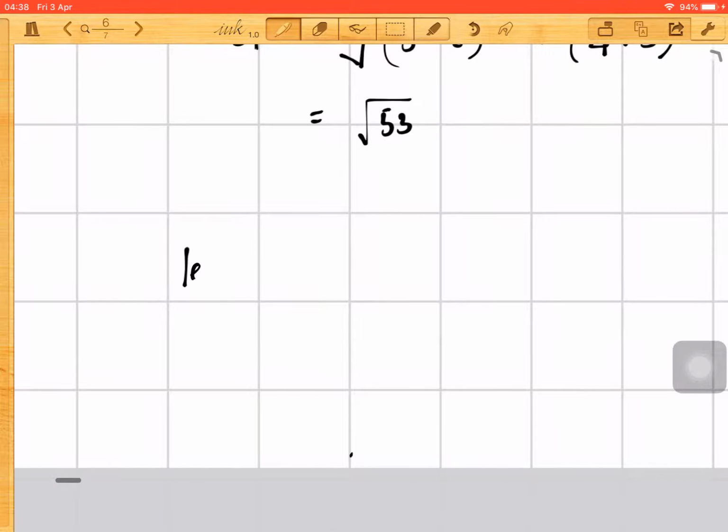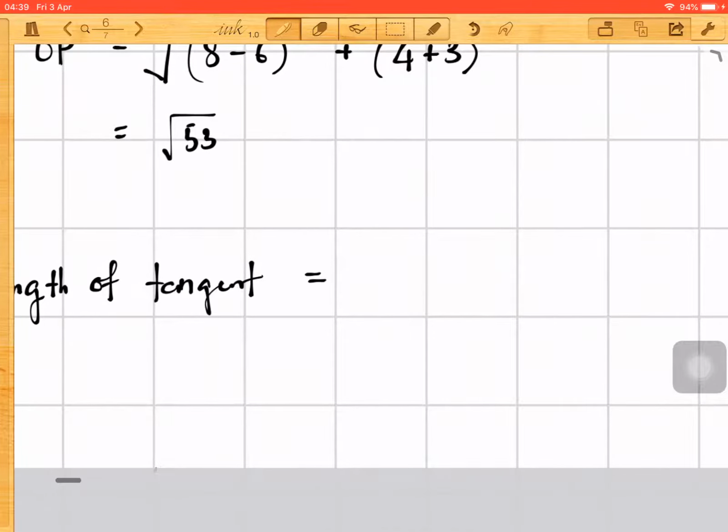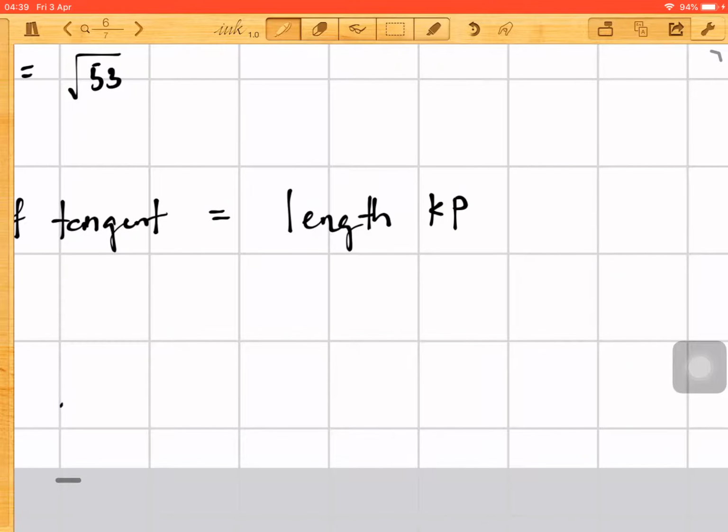or you call it length of tangent, it is the same as length KP. So K is just a name, you can call it whatever you want.